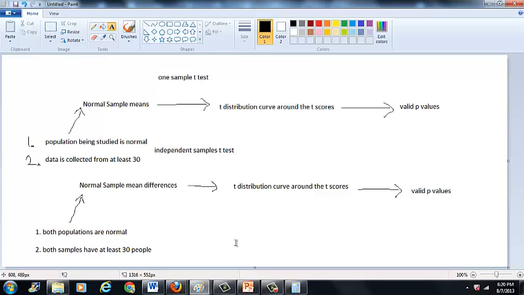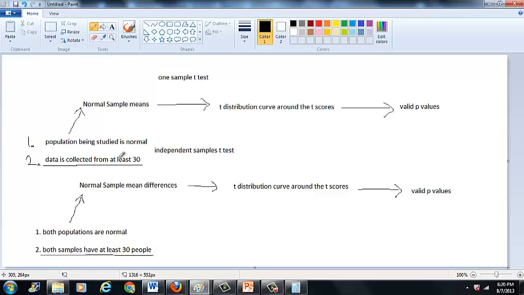And a lot of the time, it's hard to be totally sure if the populations that you're sampling are normal. So, since you're often not sure about whether they're normal, the safest thing to do is to satisfy this other thing, to collect data from at least 30 people, or in an independent sample t-test, to collect data from at least 30 people in both samples.